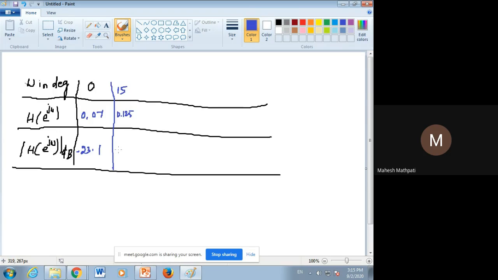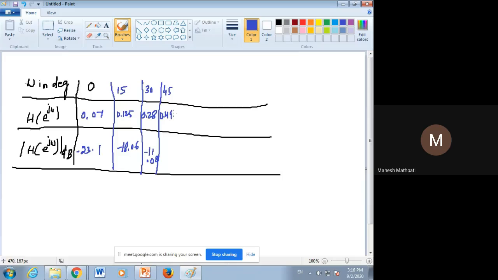And this value is minus 18.06. Then next, at 30, it is 0.279, or I can take 0.28, and then it is minus 11.08. Okay, 11.08.